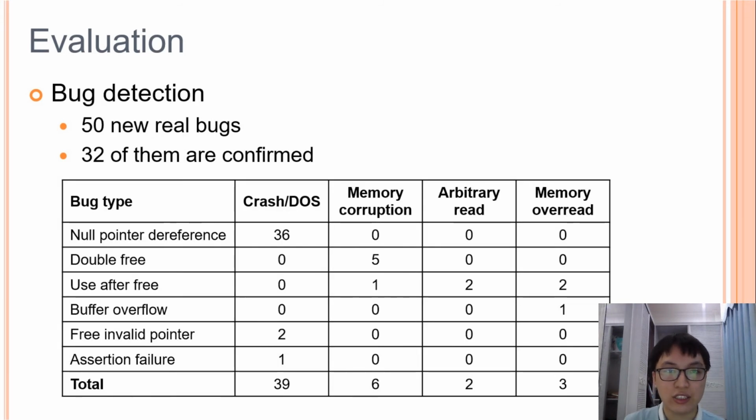For bug detection, we find 50 real bugs in 9 applications, and 32 of them have been confirmed. We find that among the 50 bugs, 39 can cause crash or DOS, 6 can cause memory corruption, 2 can cause arbitrary read, and 3 can cause memory overread.